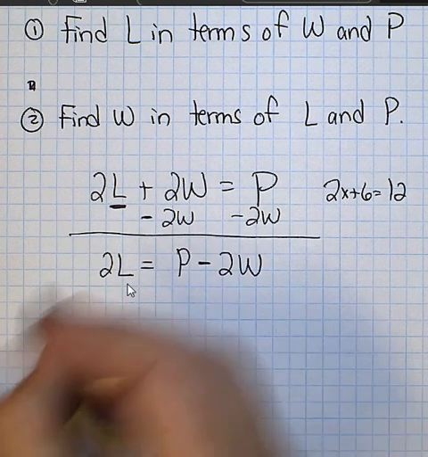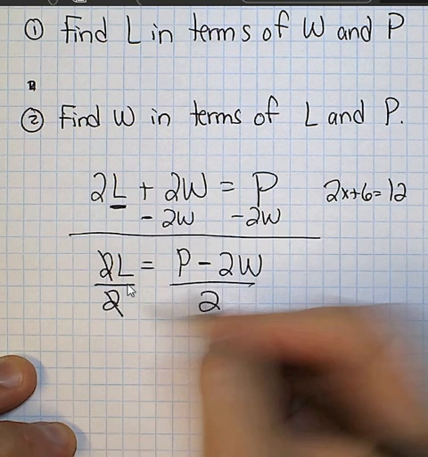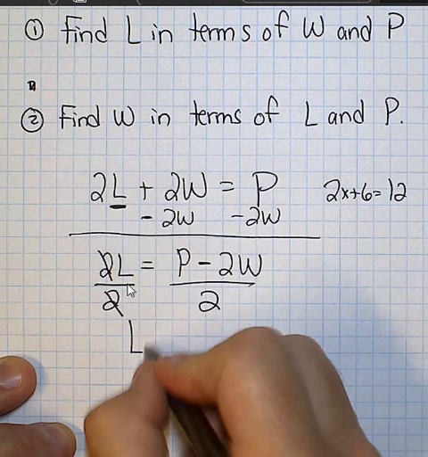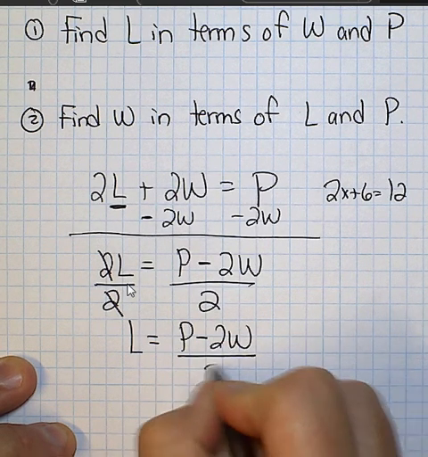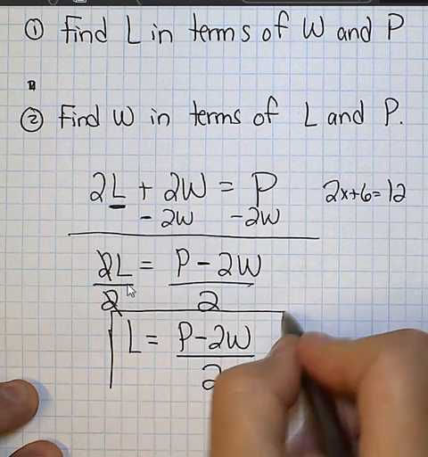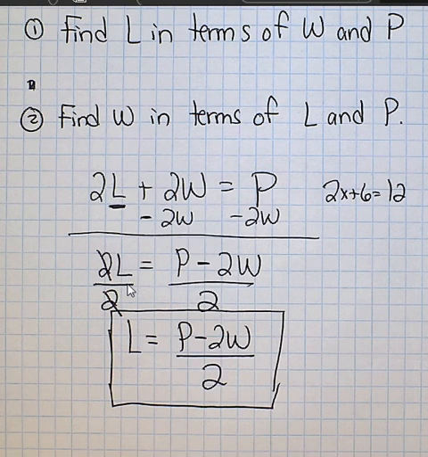I'm dividing by 2. I divide this side by 2, I divide this side by 2. The 2's here cancel. L is equal to P minus 2W divided by 2. This is my formula for the length of a rectangle if I was given the perimeter of that rectangle and the width.